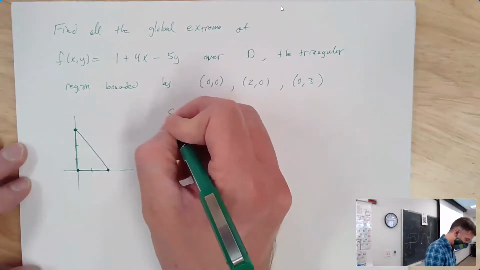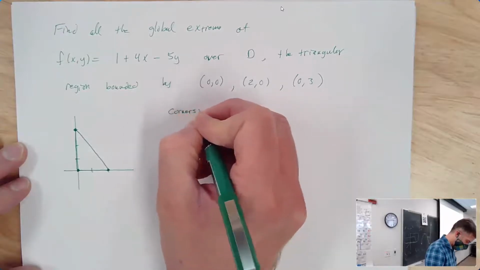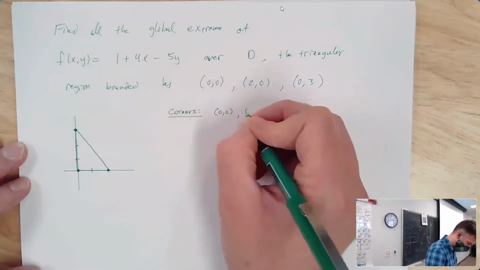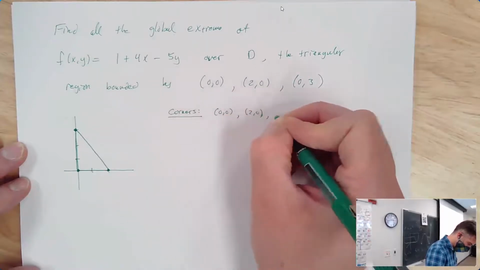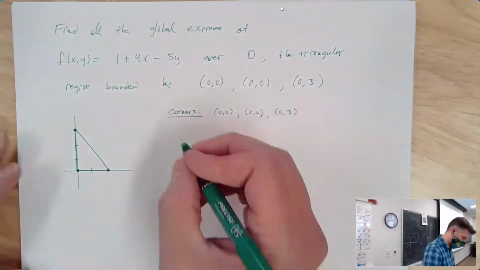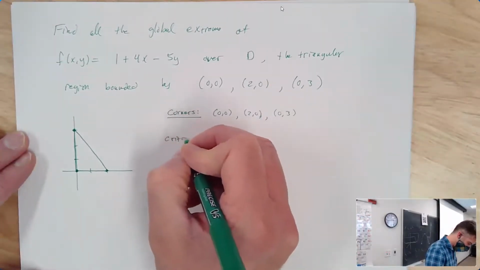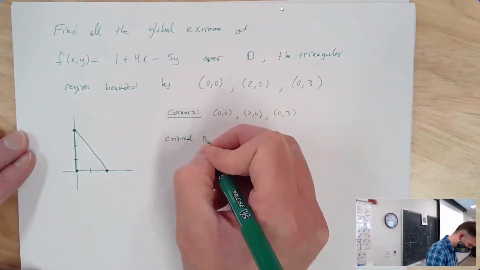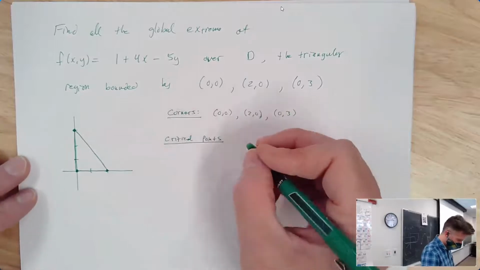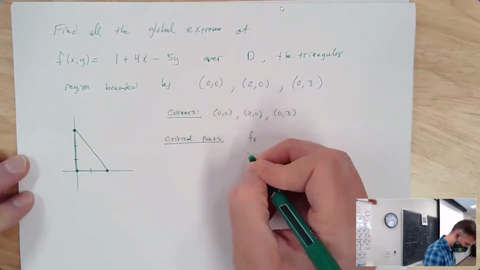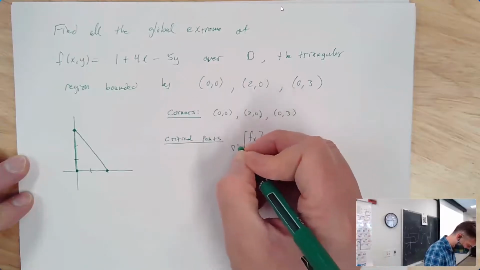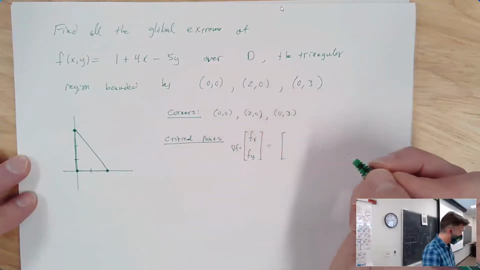We've definitely got our corners, which are already listed there. And then let's look at the critical points. So I'm going to set fx and fy, the gradient, if you will, equal to (0, 0).